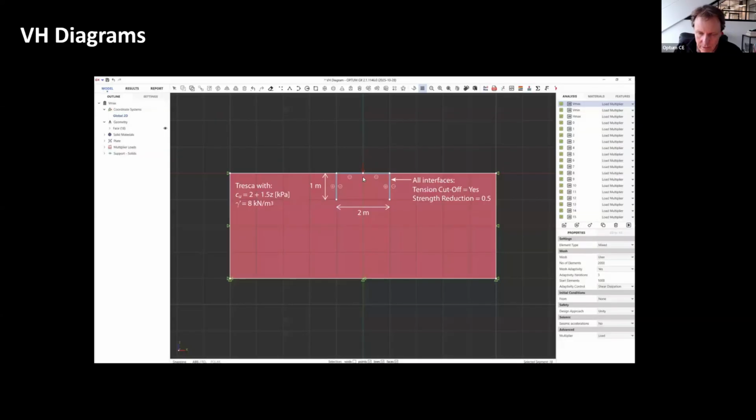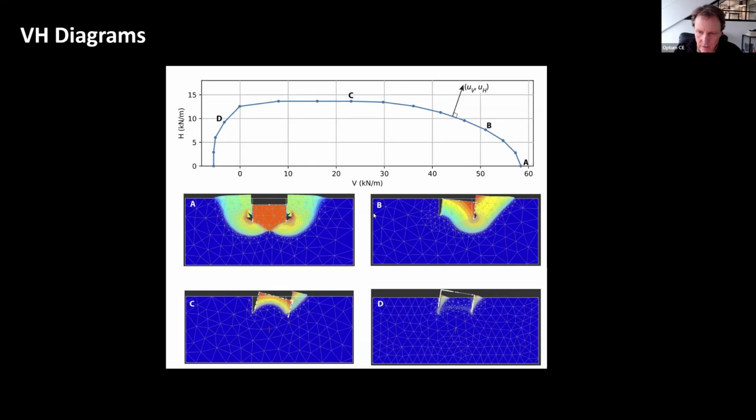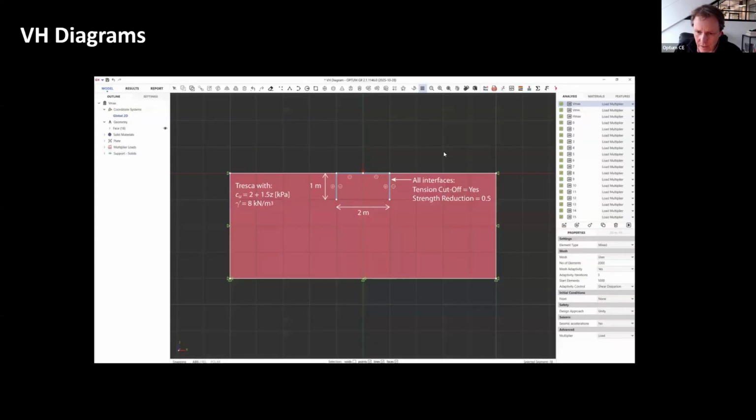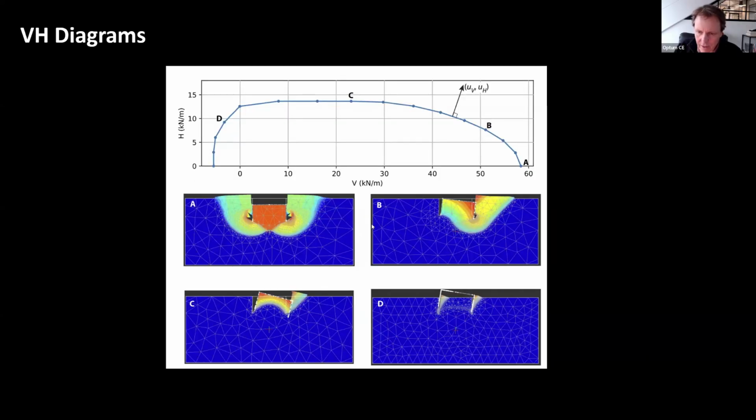And there's an example from the note, and in this case, with the parameters that I have picked, it's a clay with some tension cut off at the skirts, a clay where the undrained shear strength increases with depth, and you get a VH diagram that looks like this. And depending on where you are on the diagram, you get one failure or another.